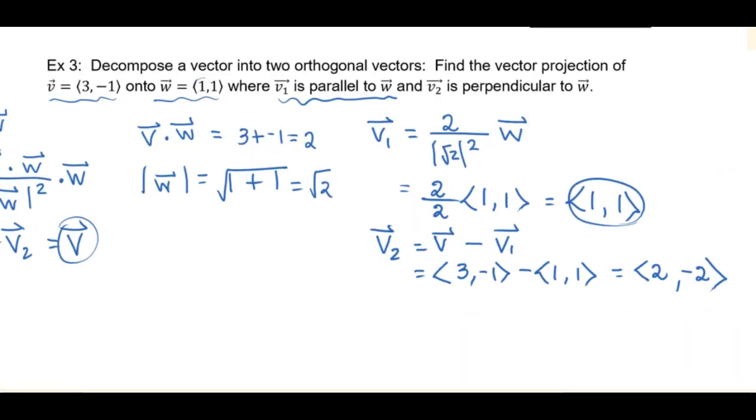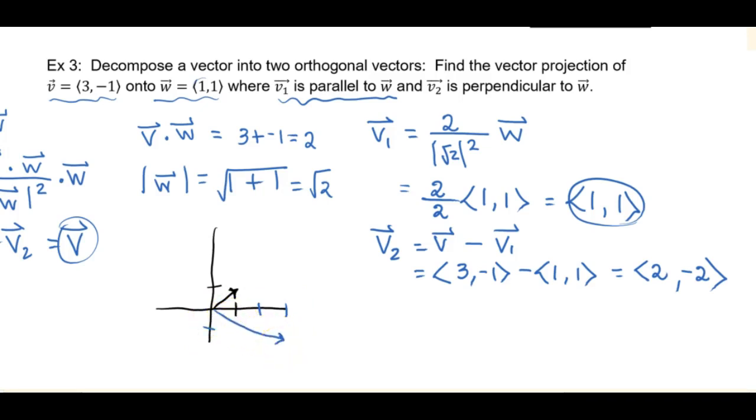So in terms of a picture, what we have is 1, 1 is W. And for V, it is 1, 2, 3, and -1 is right over here.